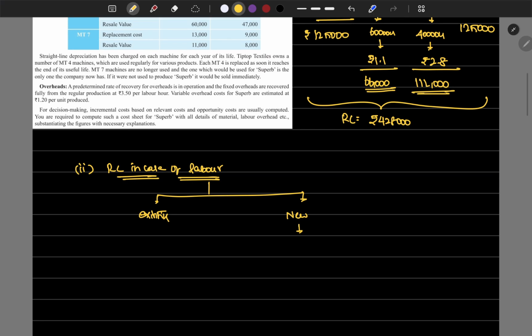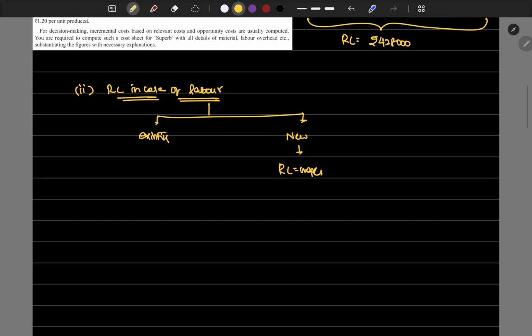If newly hired, the wages we are paying them is the relevant cost. If existing, we check whether they have spare time. If they have spare time, our relevant cost would be nil, because we are not going to incur any 1 rupee for the work they are doing for the super product.